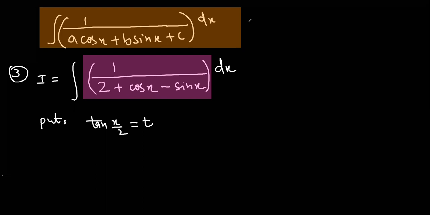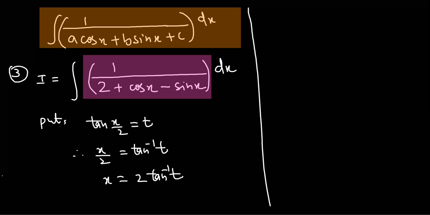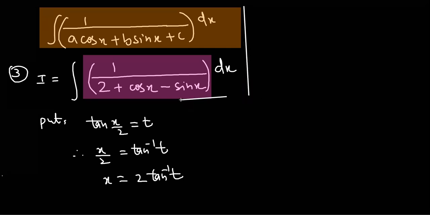So the next step, I write: therefore x by 2 is tan inverse of t, and x equals 2 times tan inverse of t. Now I differentiate this with respect to t.